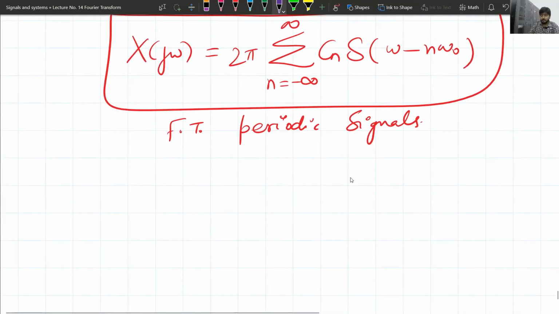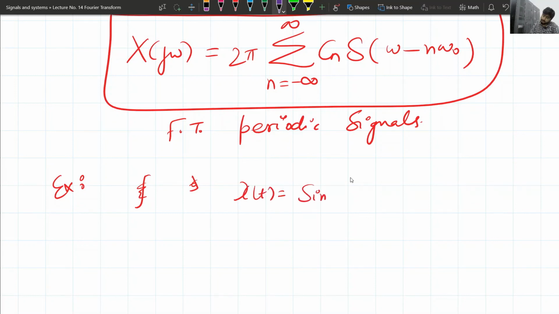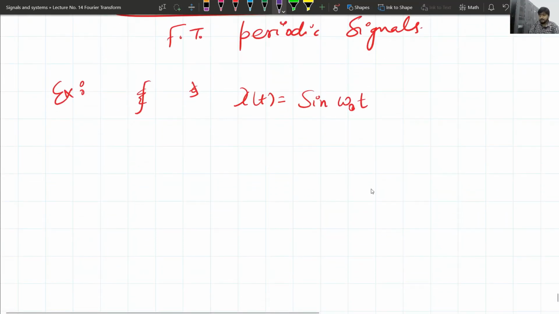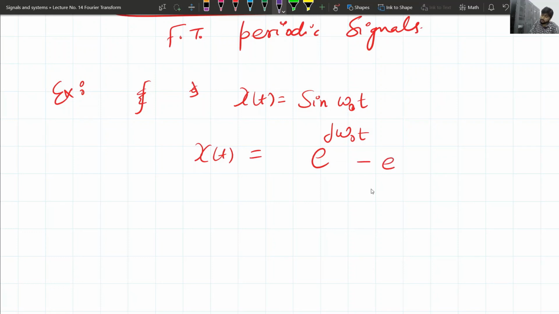Let us take an example. Suppose any function xt equals the simplest form, sin omega naught t. This is a periodic signal. Writing this function exponentially, we can write e to the power j omega naught t minus e to the power minus j omega naught t, divided by 2j.